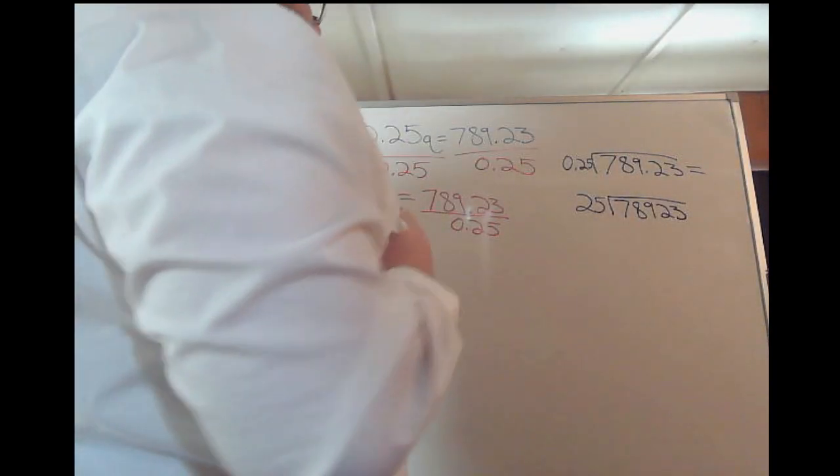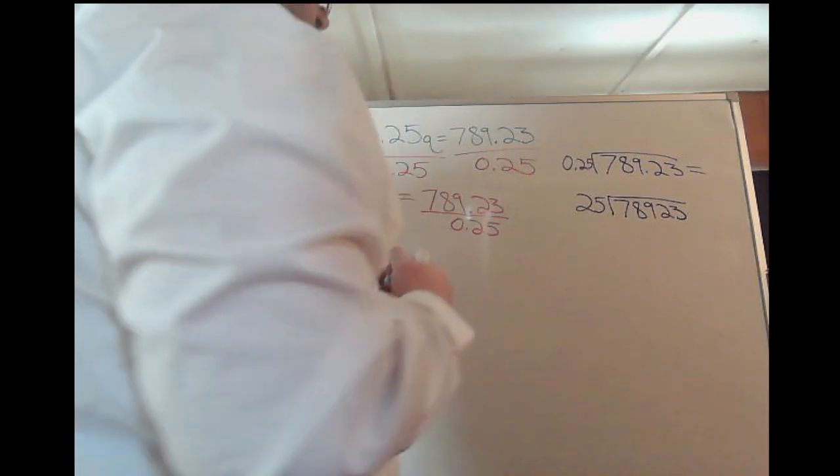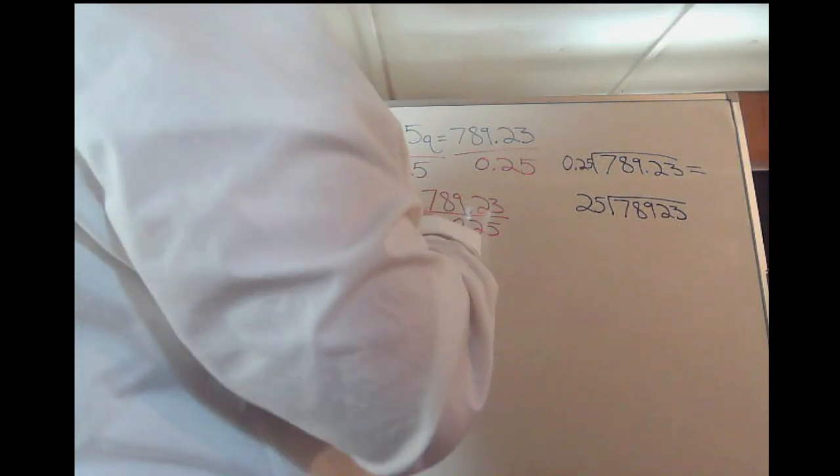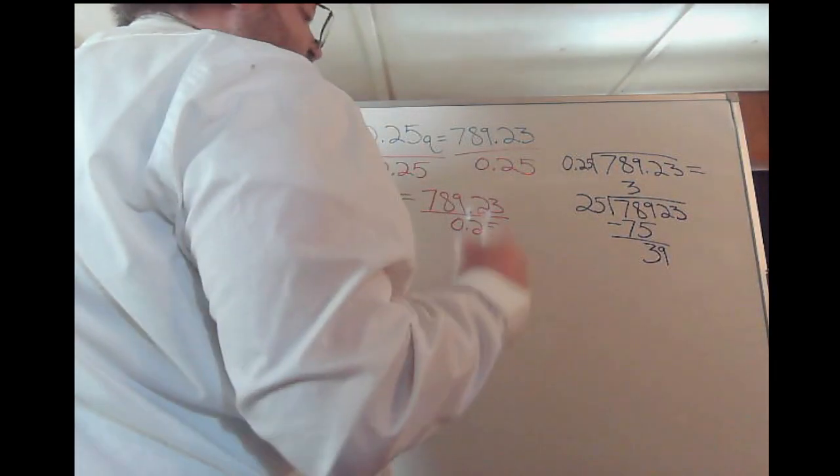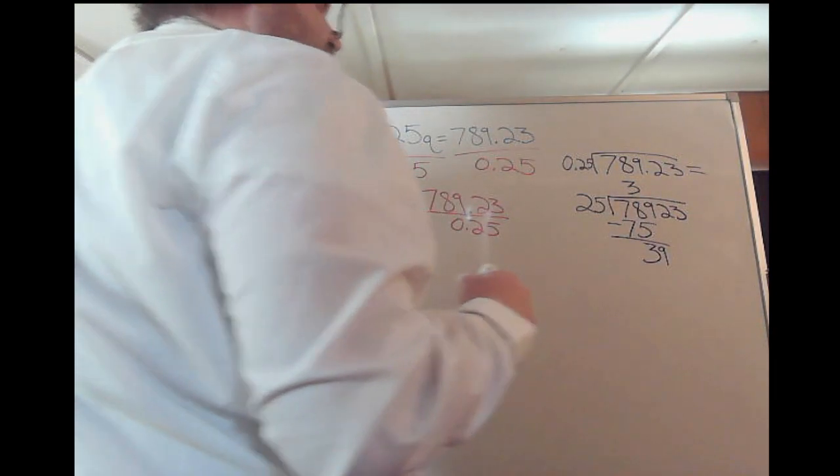All right. Now we can do the division. How many times does 25 go into 78? 3 times. 3 times 25, that's 75. 78 minus 75, that's 3. Bring down the 9 from the dividend. 25 goes into 39 how many times?